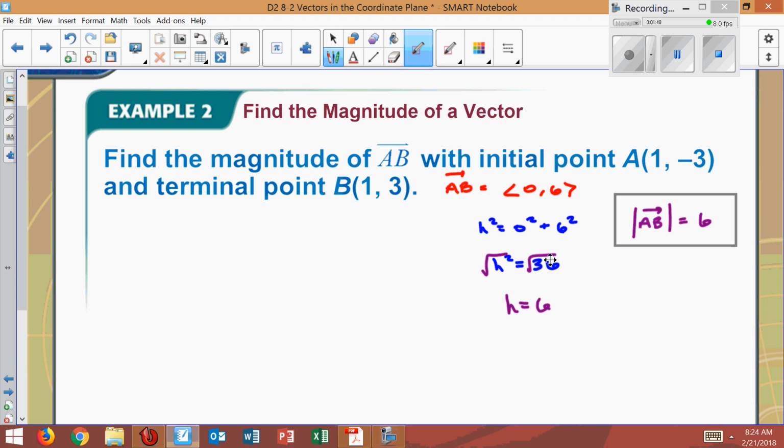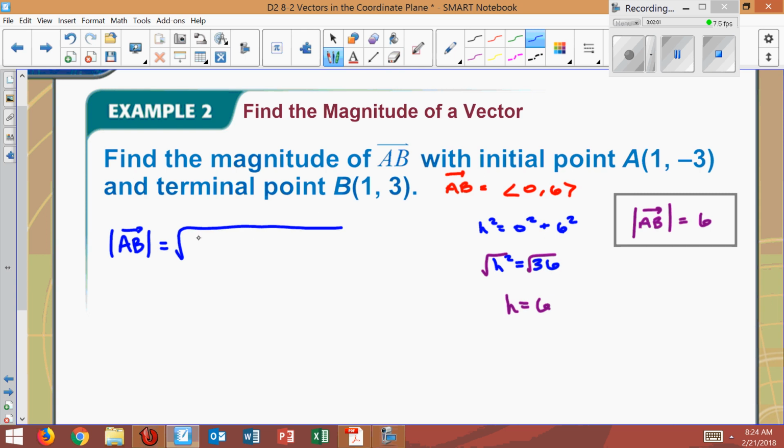Or if you did not know the vector to begin with, the other thing you could do is just use that distance formula. So you could say that the magnitude of AB is equal to, and you would just use this formula where we would say x2, which is 1, minus x1, which is also 1, squared, plus y2, which is 3, minus y1, which is -3, and then we would square that.